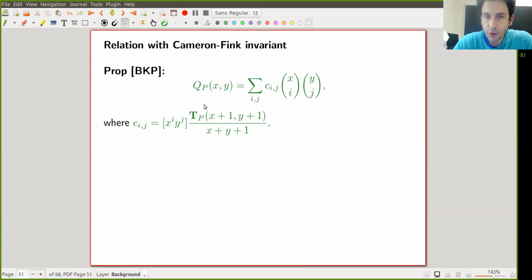Here is the Cameron-Fink invariance: this is the Ehrhart polynomial when you add dilations of the simplex and the inverted simplex. If you express this Ehrhart polynomial in the following factorial basis, then the coefficients are the same as the coefficients of our Tutte polynomial. So they encode internal and external activity in some sense.